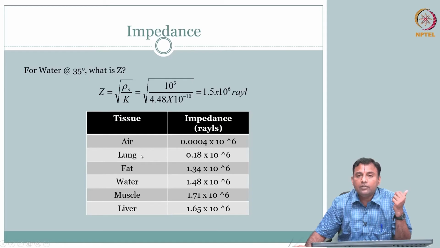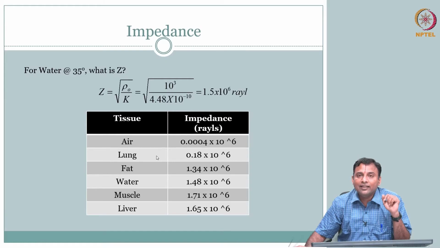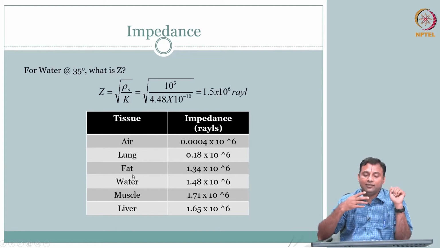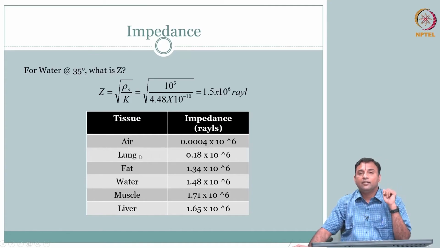Lung is slightly different, but notice, where do you get air in the body? Inside the lung. So how do you get to the lung from outside? You have to cross skin, fat, muscle, and then you get to the lung. So now this tells you an important piece of information.